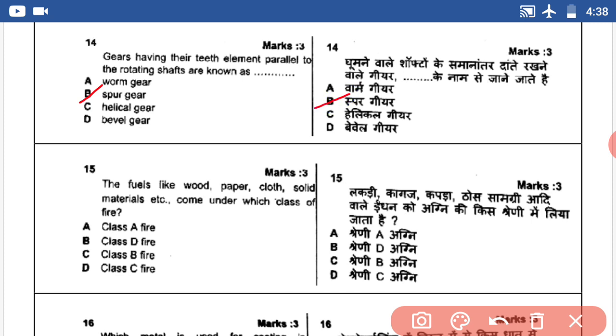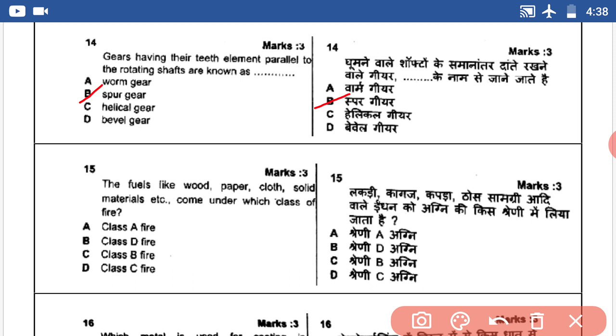Spur gear. Question number 15. The fuels like wood, paper, cloth, solid materials, etc. come under which class of fire? This question's answer: class A fire.